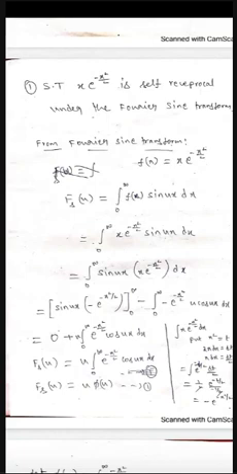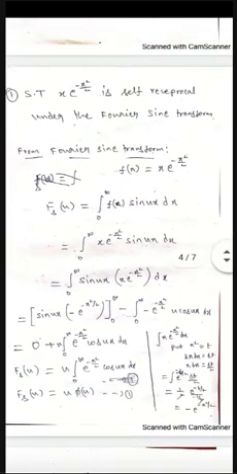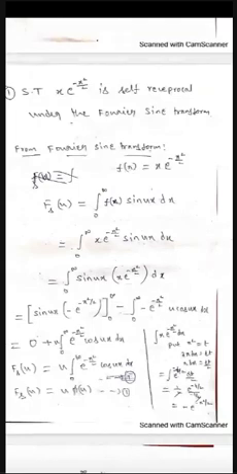He is asking for the Fourier sine transform. So f of x is x e power minus x square by 2. The formula, since there is no alpha here, is F_s of u equal to the integration from 0 to infinity of f of x sine ux dx.